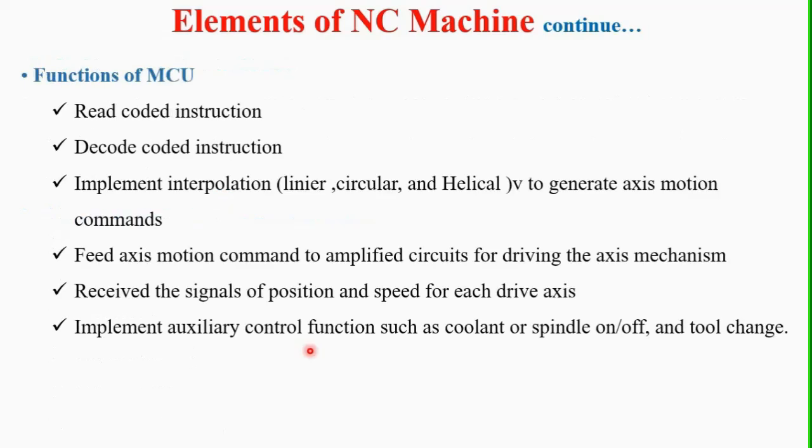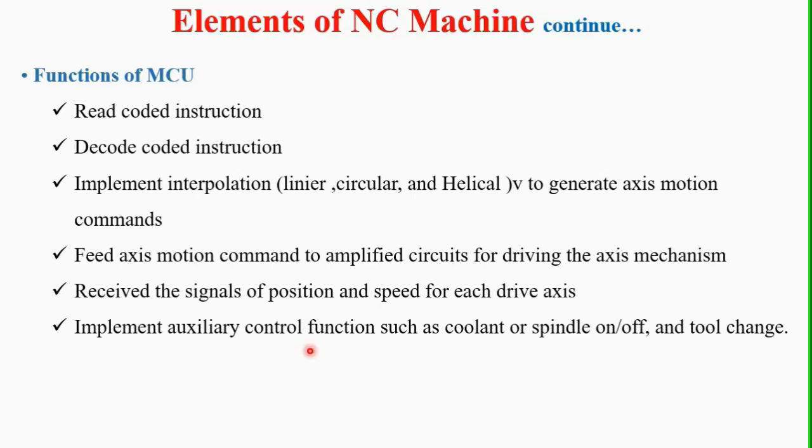Now here are some of the functions of the MCU, the machine control unit. Reading the coded instructions is the first and most important function of this MCU. Then it decodes the coded instructions and implements linear, circular and helical interpolation to generate the axis motion commands. Then it feeds axis motion commands to amplifier circuits for driving the axes of the mechanism.